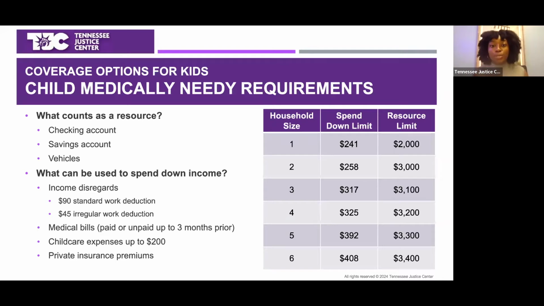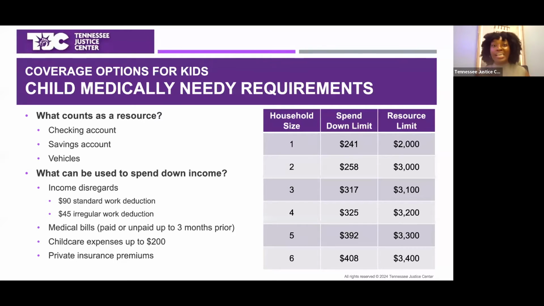In addition to a resource limit, this category also has a spend down limit. A spend down limit is the amount of net income a family can have after certain deductions. TennCare will deduct $90 from the household income. This is a standard work deduction. And then on top of that, there are also additional deductions that could apply.